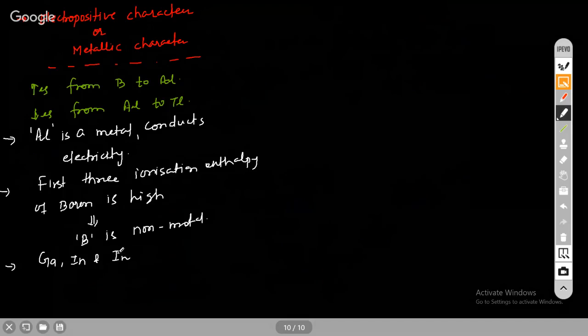Gallium, indium, and thallium are less likely to lose electrons due to poor shielding effect of d and f orbitals, and hence less electropositive.